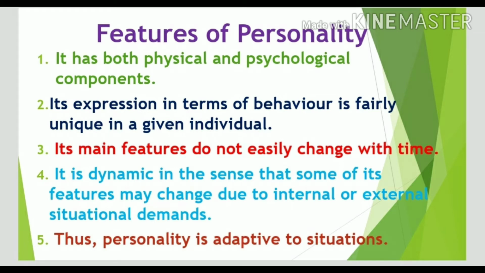And these are some of the features of personality. The first feature is that it has both physical and psychological components. As I told you, personality is not only physical or external appearance, it includes our motives, our desires, our feelings, our emotions. So, it includes both physical as well as psychological components. Its expression in terms of behavior is fairly unique in a given individual, which means every person has his unique personality and every person is different in terms of personality.